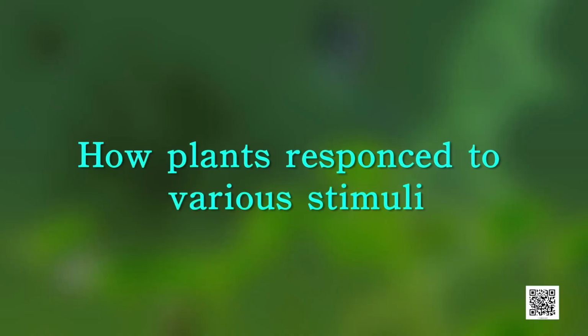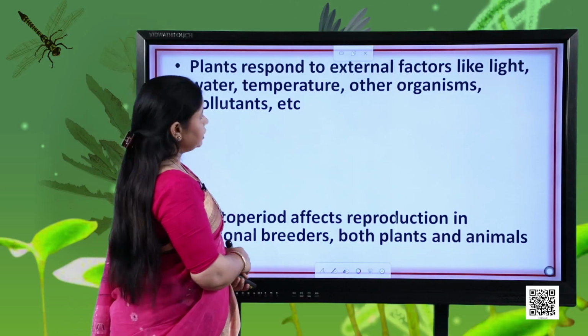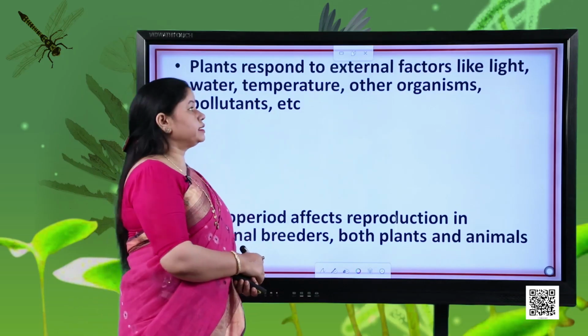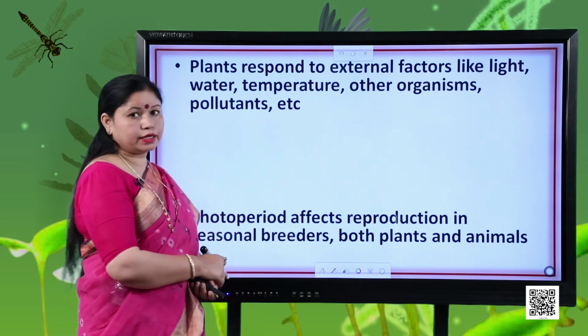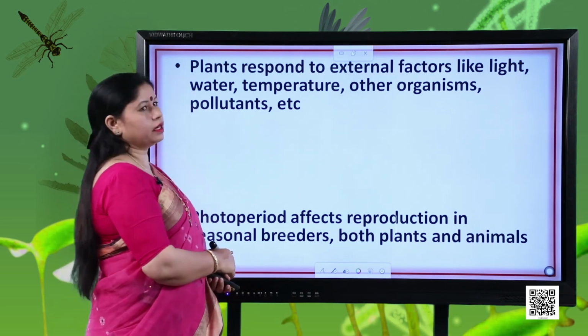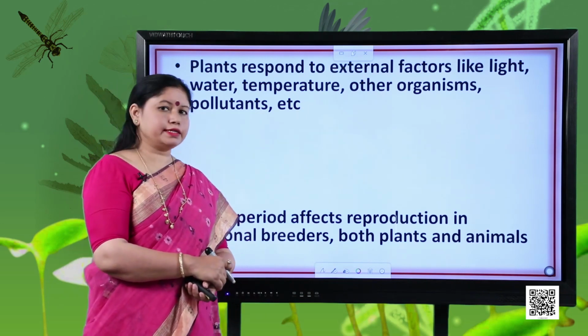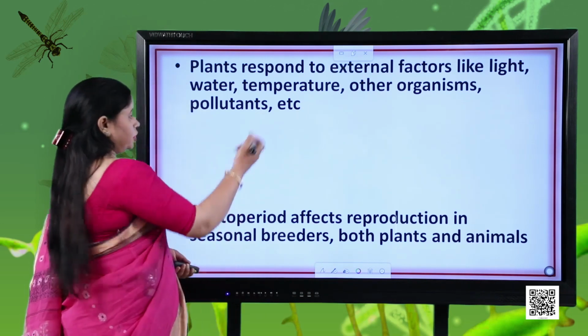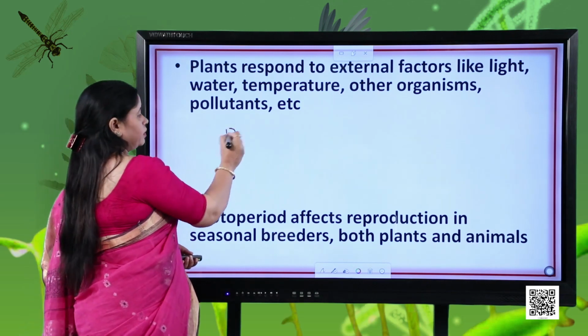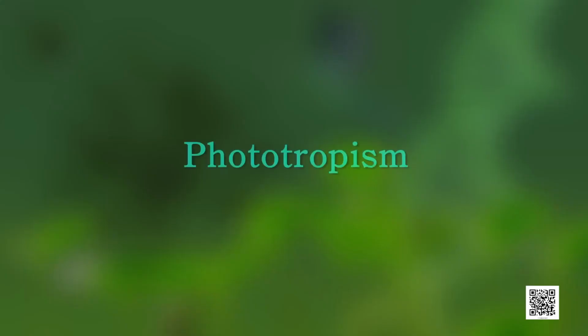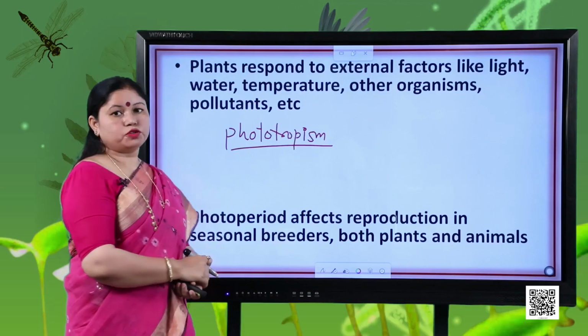Let's talk about how plants respond to various stimuli. Plants respond to external stimuli like light, water, temperature, other organisms, and even to pollutants. Let us discuss them. In lower classes, you might have come across the term phototropism. Able to recall?